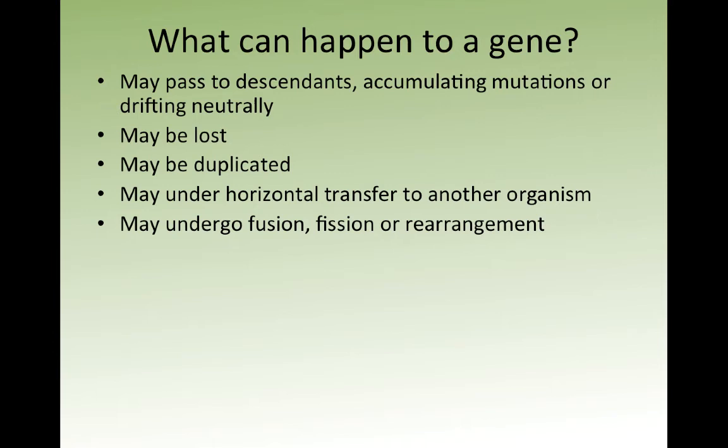So basically, if you have a duplication event, you have a copy that has to still do what it was doing before the duplication event, but you have another copy that could go down any number of pathways, either being a functional component or not being a functional component.